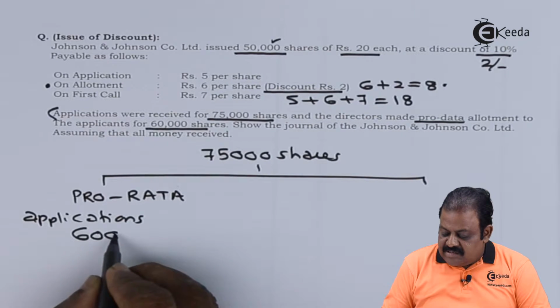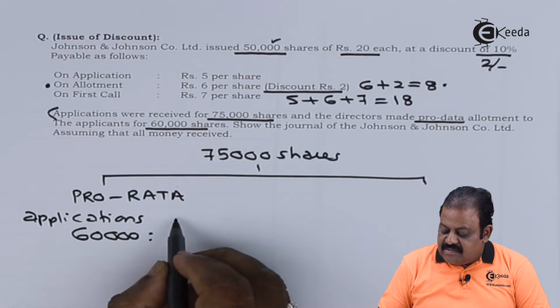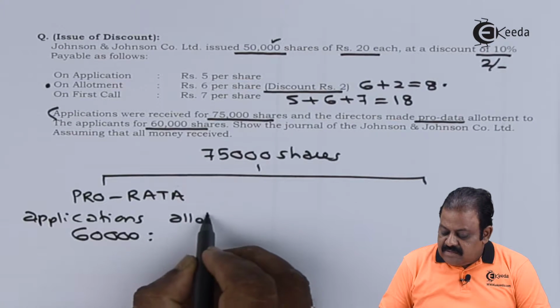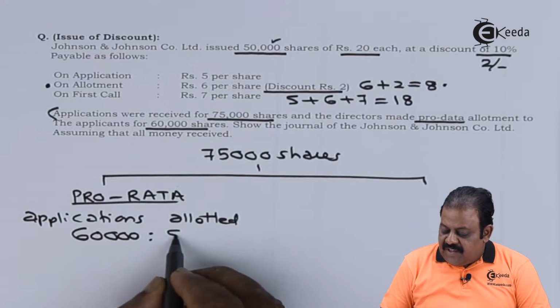It means to the applicants of 60,000 shares, company has allotted 50,000 shares.